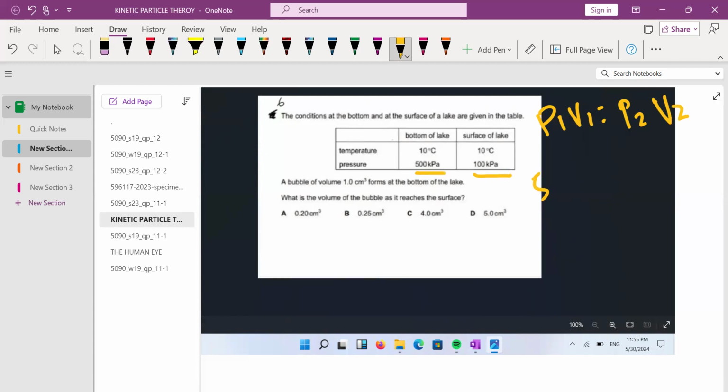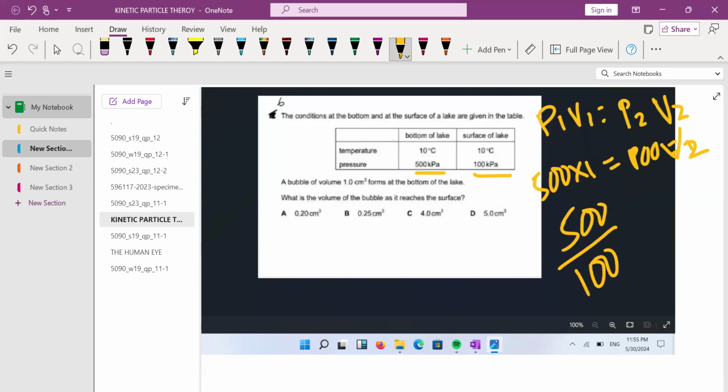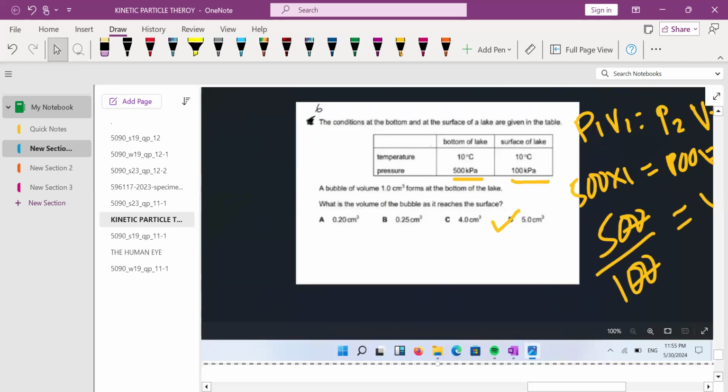So first pressure 500 into first volume, which is 1, equals P2 into V2, where the pressure is given 100. So P2 is given and you need to find this V2. So 500 divided by 100 equals V2. So its answer would be 5, which is option D, correct for question number 6.